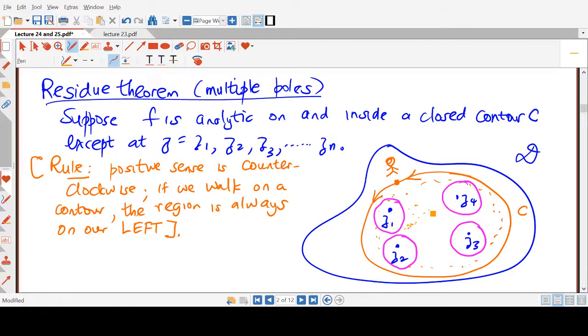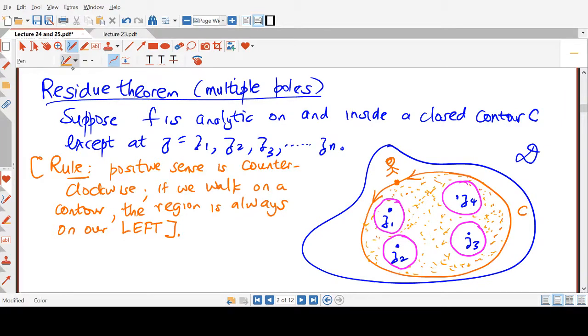These are the points that make up the region. Remember, if you're walking on a contour, the region must always be on your left.